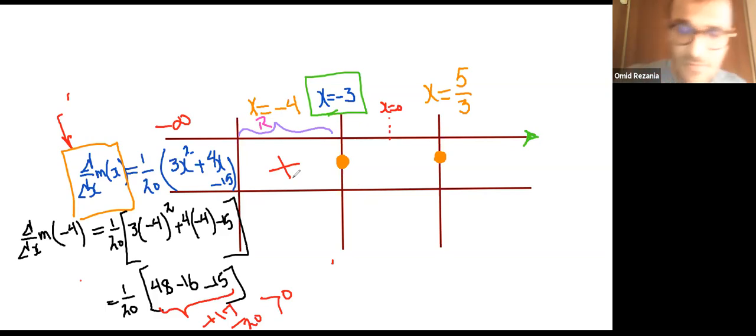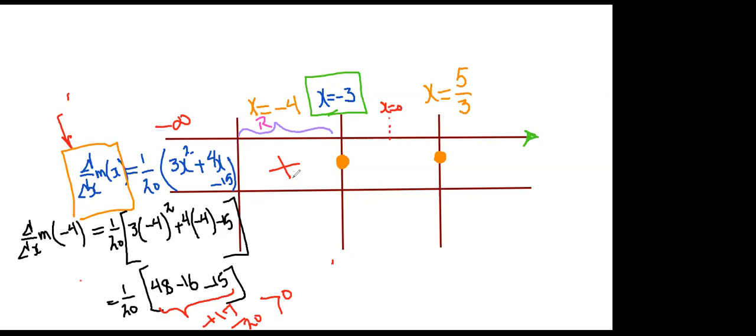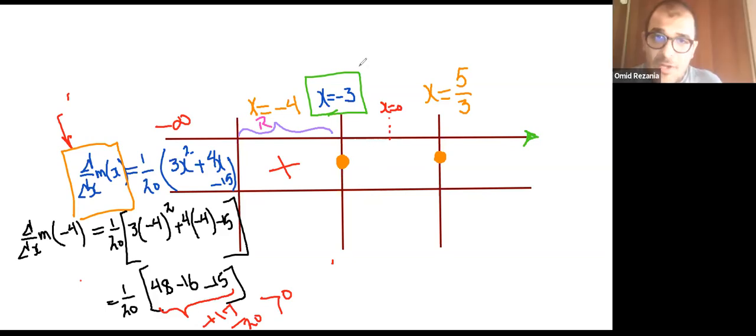Does it make sense to everyone? Yes. Awesome. Then now, I'm just going to go to the other term here. The second interval is something between minus 3 and plus 5 over 3.